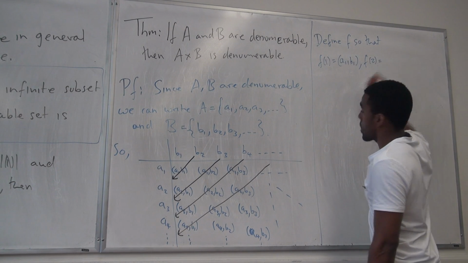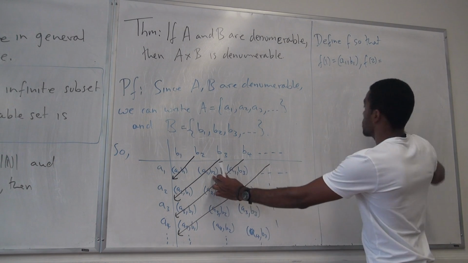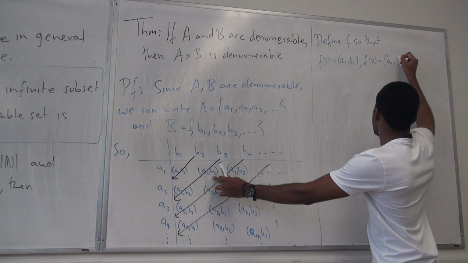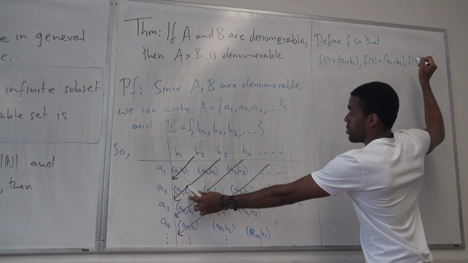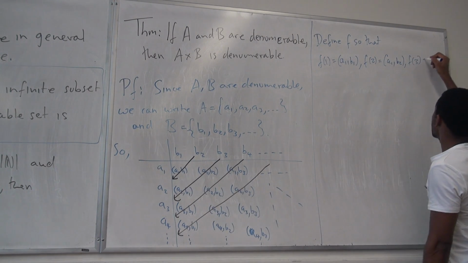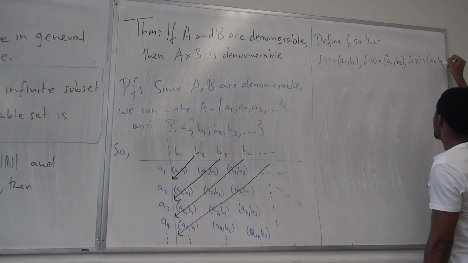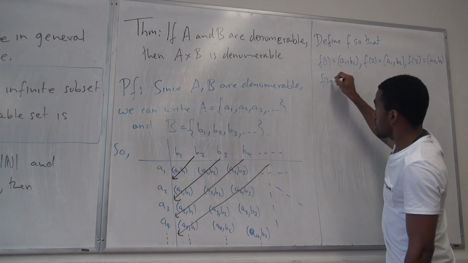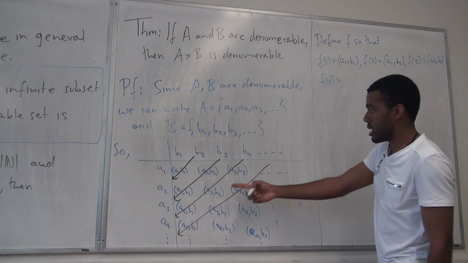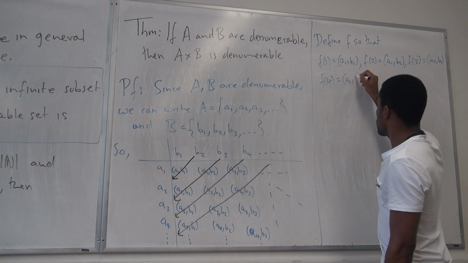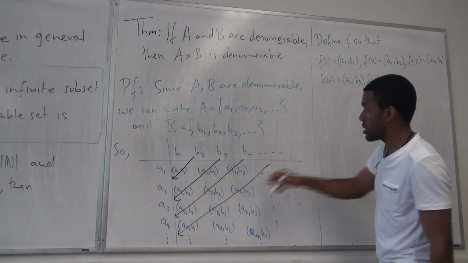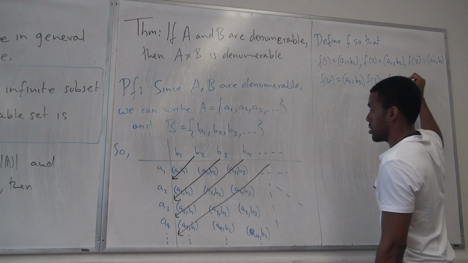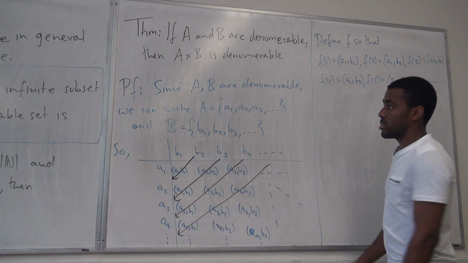F of 2 is going to be A1, B2. F of 3 is going to be the next guy that we hit, A2, B1. F of 4 is going to be the next guy that we hit, A1, B3. F of 5 is going to be the next guy, A2, B2, and so on and so forth.